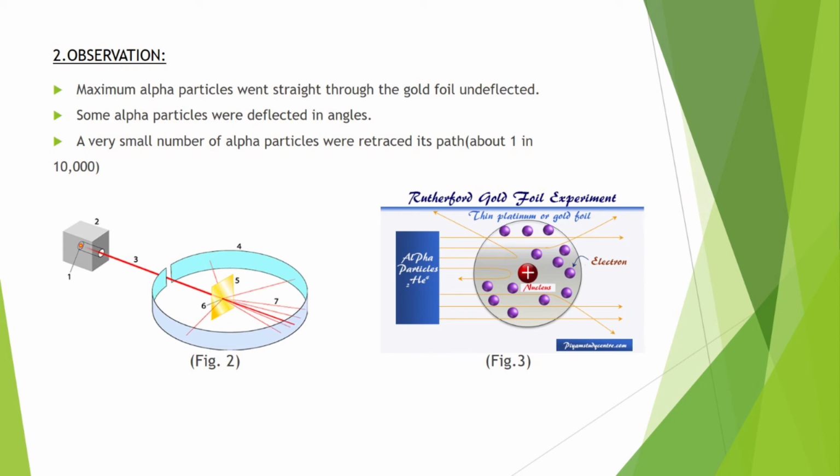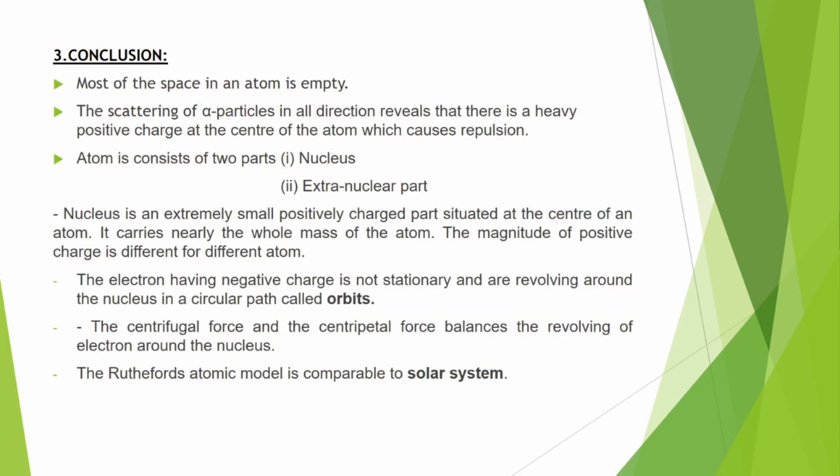figure 2 and 3. According to Rutherford's gold foil experiment, most of the space in an atom is empty because in the observation part we have seen most alpha particles pass straight through the gold foil.